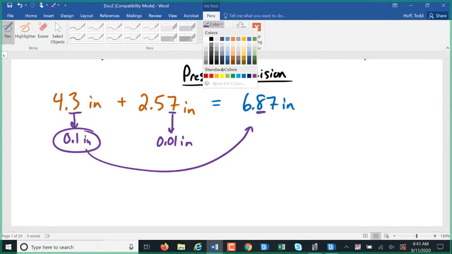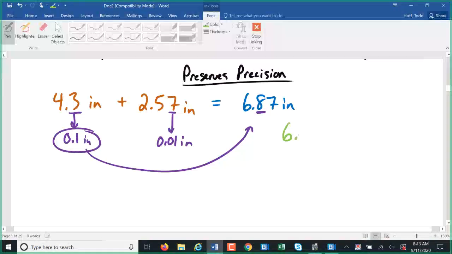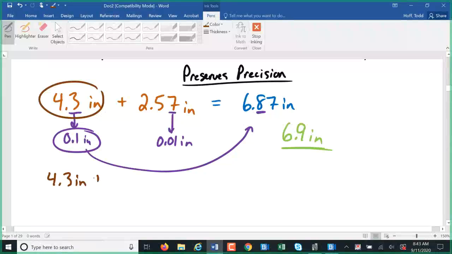That's going to round to 6.9 inches. Well, you might say, why would we do that? 6.87 is more precise. It is, but remember, this 4.3 inches here, that's really 4.3 inches plus or minus 0.05 inches, remember?